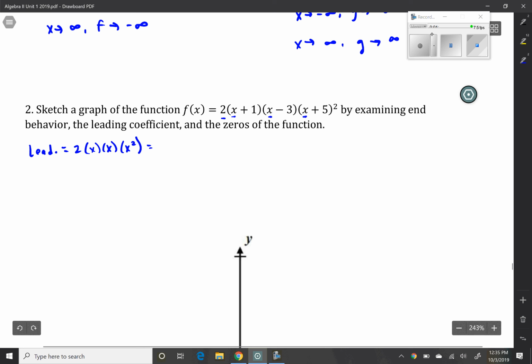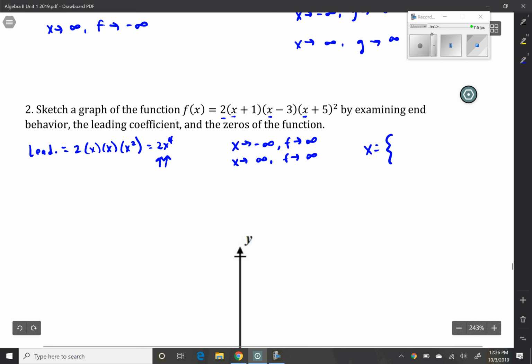That becomes 2x to the 4th. That's the first term, so the leading coefficient is 2, and the exponent is 4. Because of that, I know this function is going to be up, up. So the end behavior is as the x values decrease, the function values increase. As the x values increase, the function values increase.